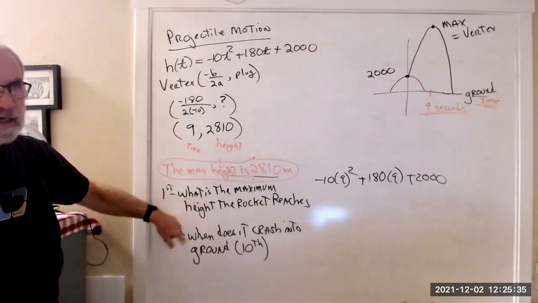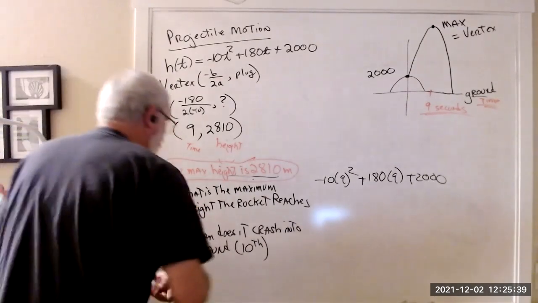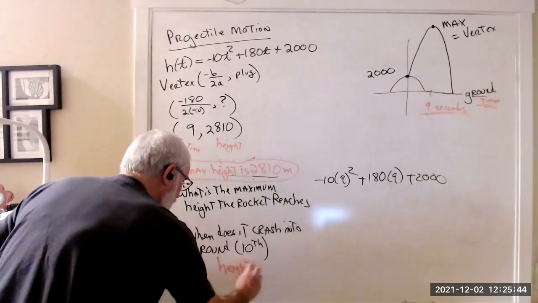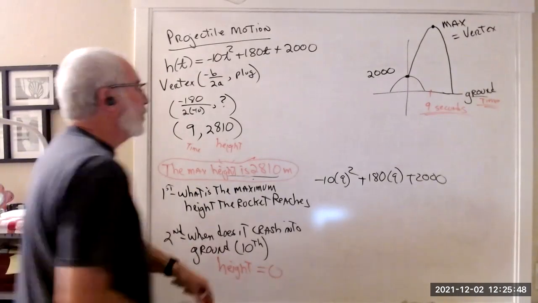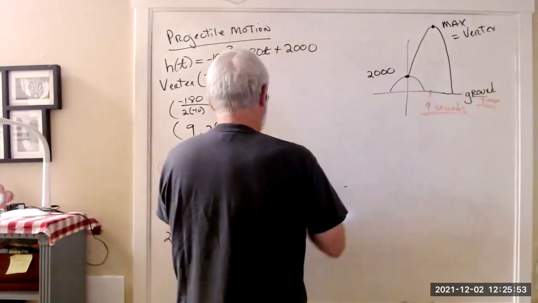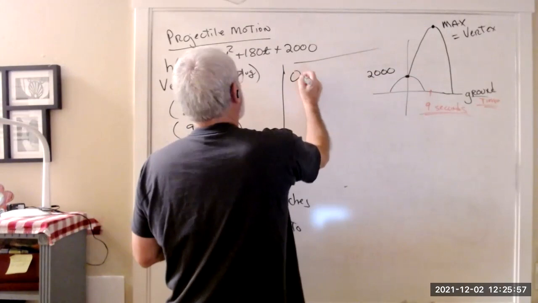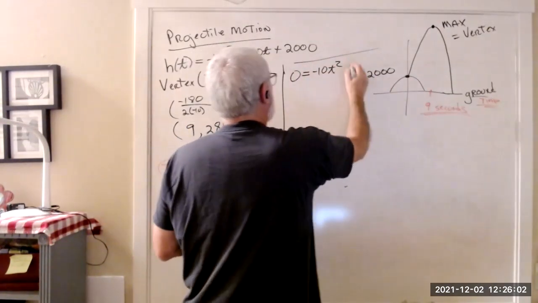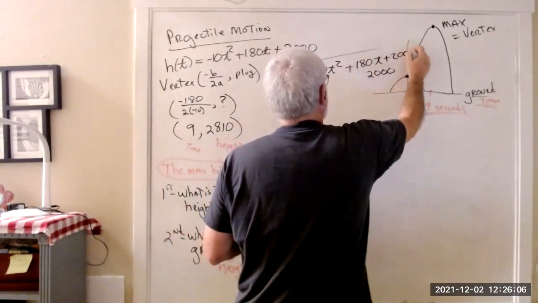Hitting the ground means height is 0. Height equals 0. So hitting the ground would be this equation here: 0 equals negative 10t squared plus 180t plus 2,000.